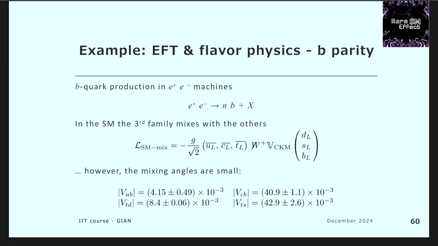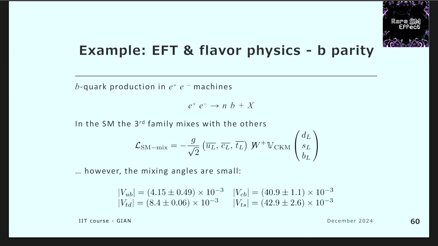So in that situation, since I have no t quarks here, and since quarks of the third generation do not mix with the others, to first approximation, setting these mixing angles equal to 0, this number, little n, has to be even.